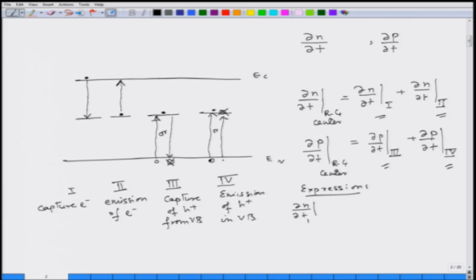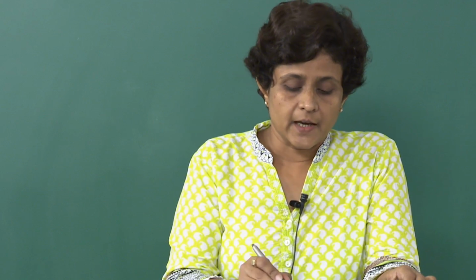It is decreasing the concentration of electrons in the conduction band by capturing. And how will it be decreasing that? It depends on how many electrons I have in the conduction band. And what else will it depend on?